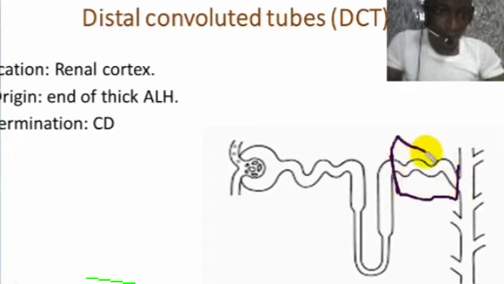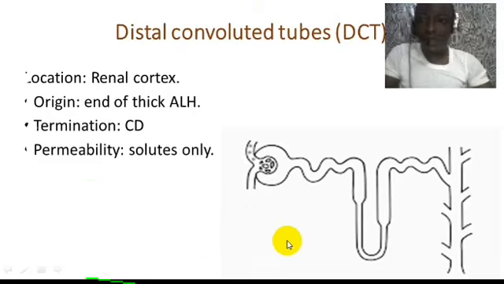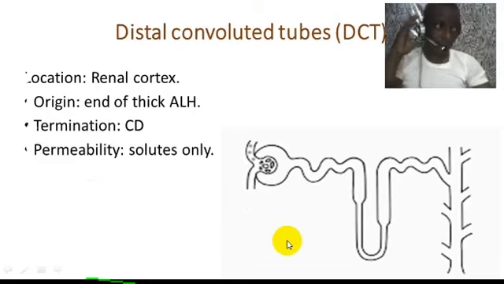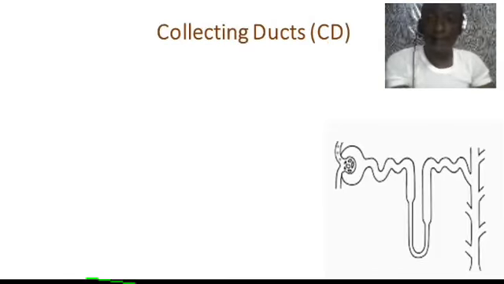I've demonstrated this earlier on in this lecture. This part forms the distal convoluted tubule. Going forward, it is permeable to solutes and not water. It means that solutes can diffuse out of the distal convoluted tubule, but water cannot.